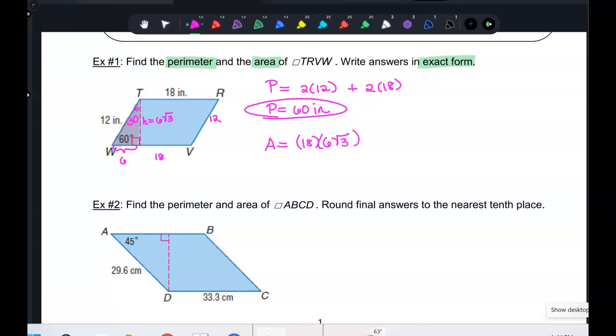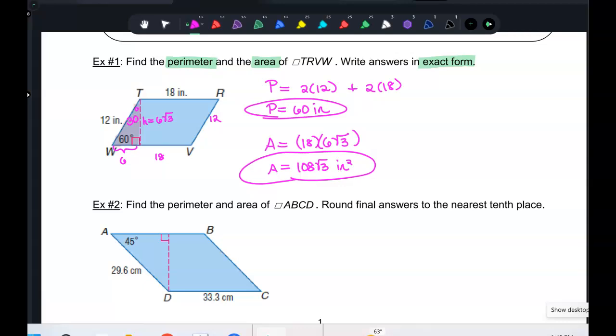If I'm going to multiply, I don't want to just leave square root of 3 alone and just multiply out 18 times 6. 108. So area is 108 root 3 square inches.